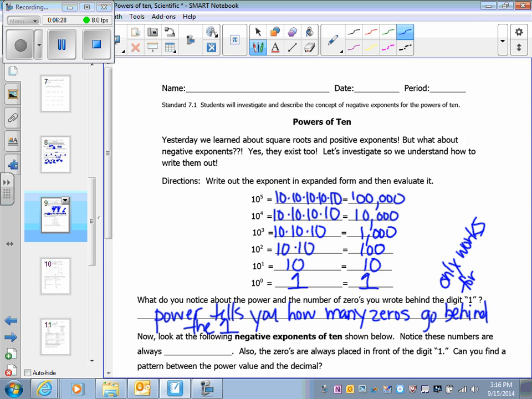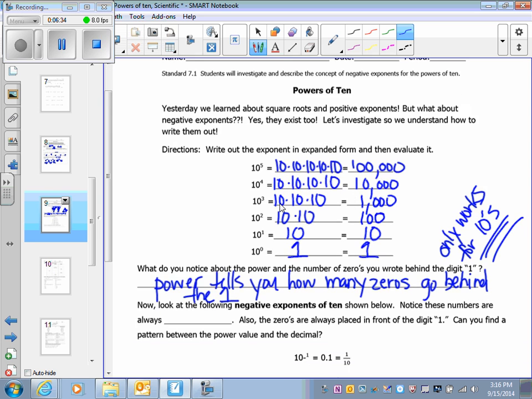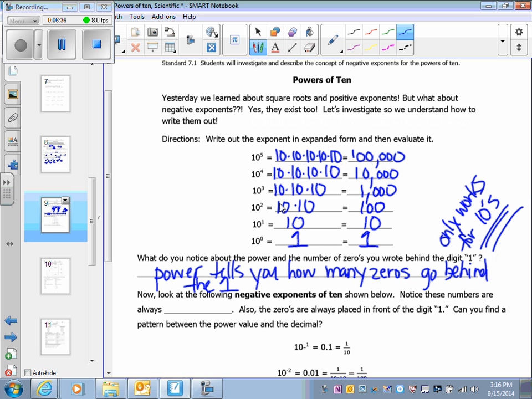Okay, make sure you really understand that it only works for the tens. Okay, so as we can see, these positive exponents make these numbers very large. 100,000 is large, 10,000 is large, 1,000 is large, okay?